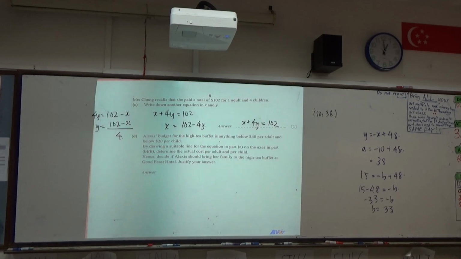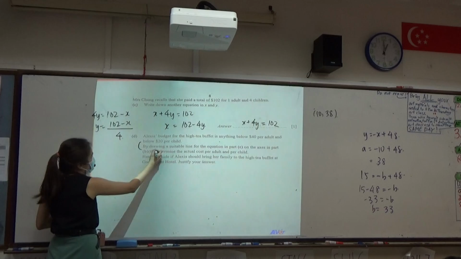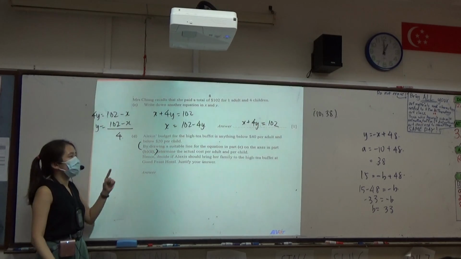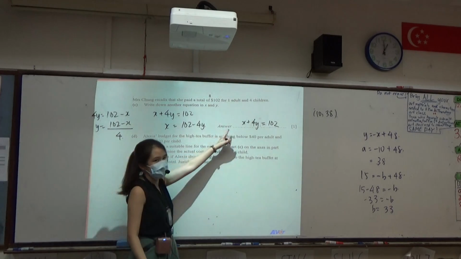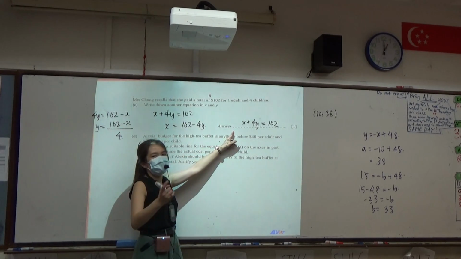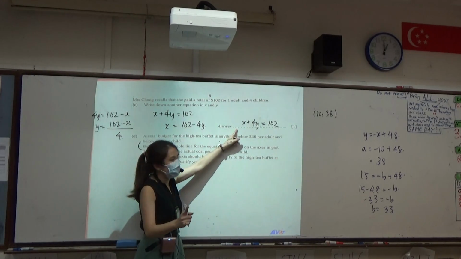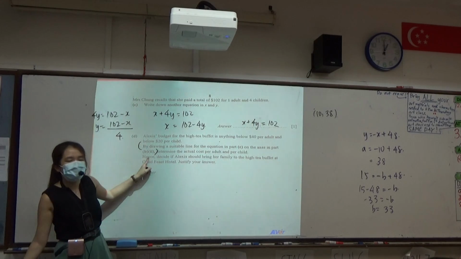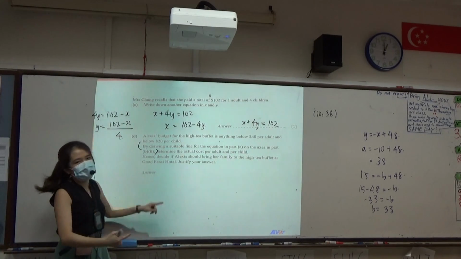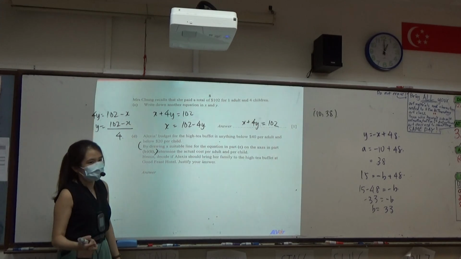But unfortunately, I cannot give you the mark because question says by drawing a suitable line for the equation in part C. So you need to draw one line for part C in where? In part B, part 2. That means you need to flip back the page, draw the graph in there. See, never read question.